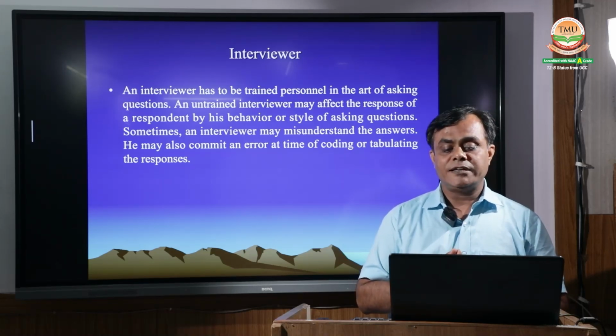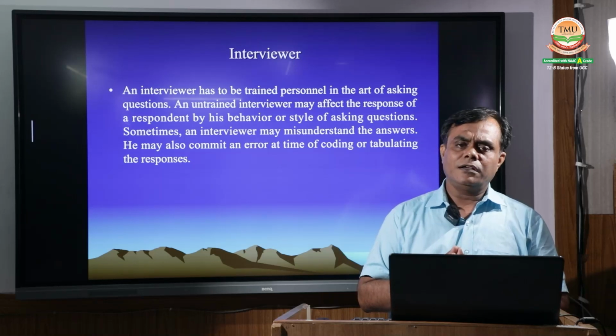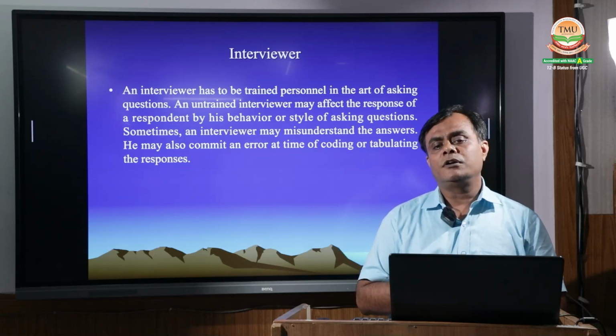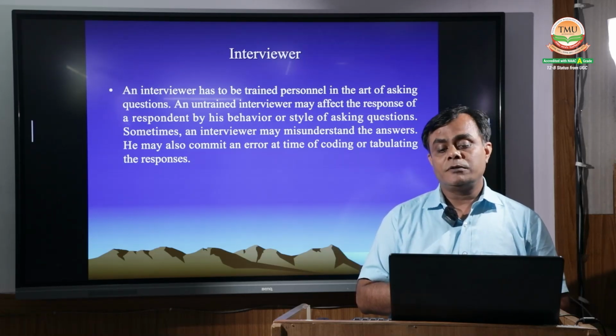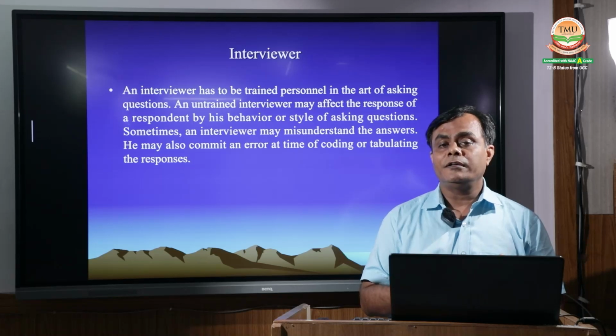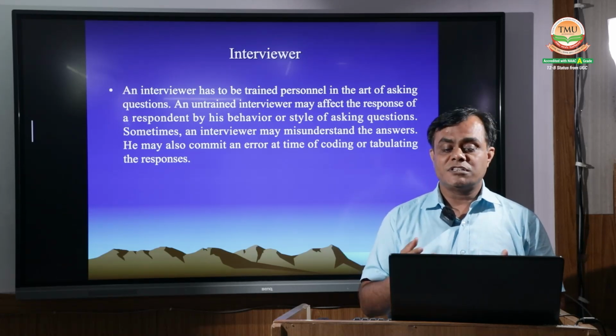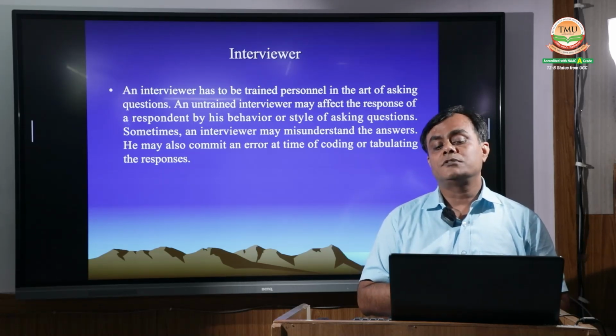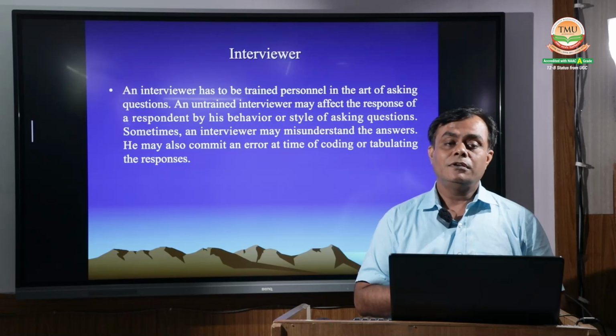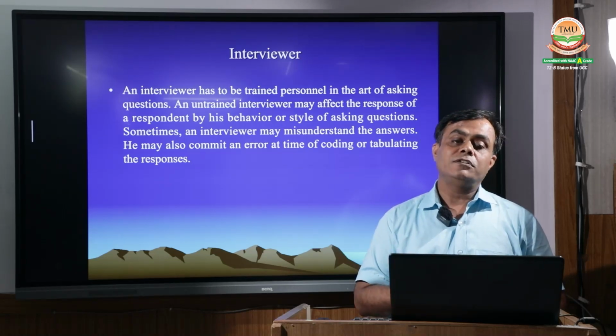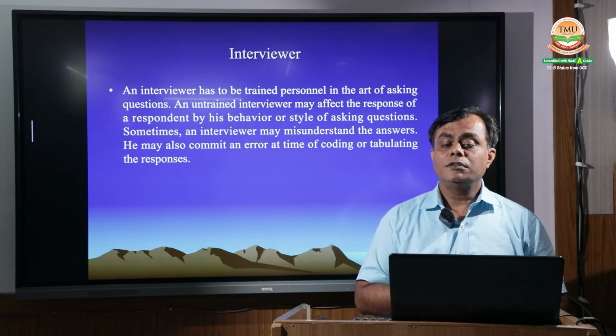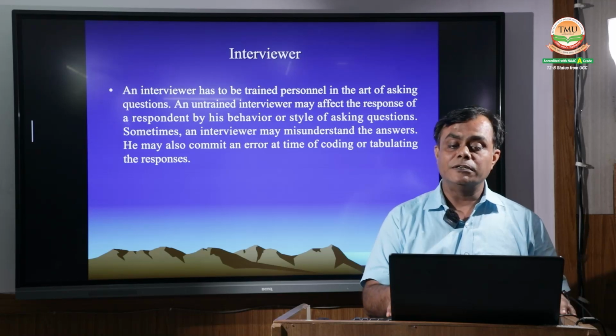So simply we can say that the error coming into the research is due to the interviewer's training, skills, experience, or understanding ability. That type of error is known as error due to the interviewer's level.